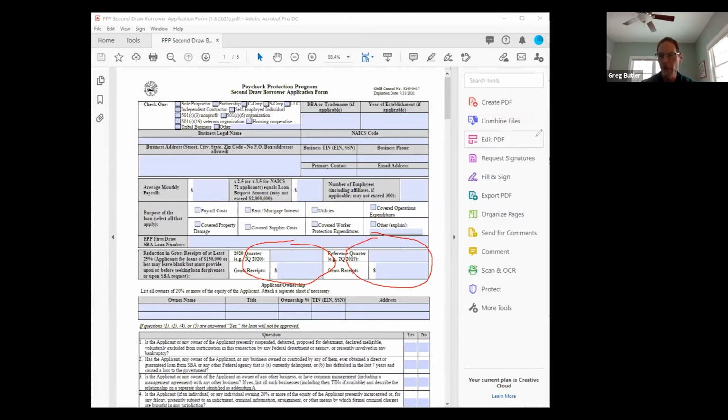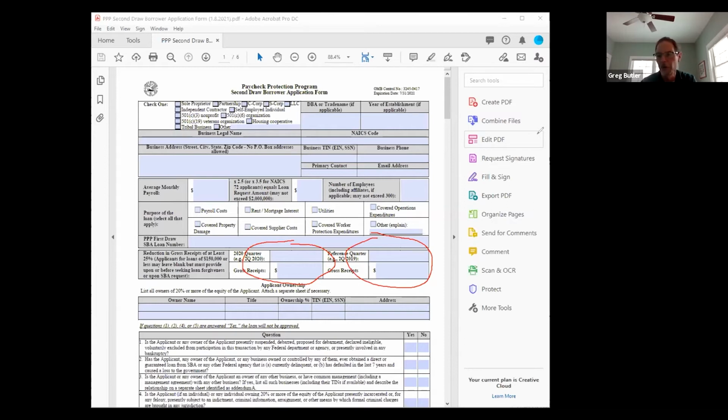Now, again, not to get too far in the weeds, someone may have remembered in the first round, they had something called the alternative payroll covered period, where you could start a little bit before or after. Well, now they've totally eliminated that because they're saying, well, you get to pick any covered period you want between the 8 weeks and the 24 weeks. But again, for the most part, you're going to have the eligibility of incurred or paid for these expenses.